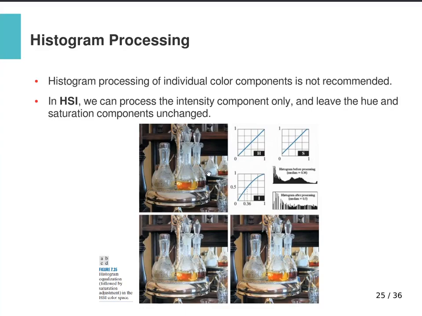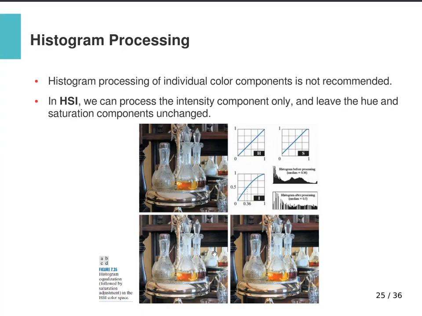On top left you see the original image, which has poor contrast. For example, in these regions there are some details that are not visible that much. By doing histogram equalization and applying this transformation function to the intensity component only, this is the result that we get.